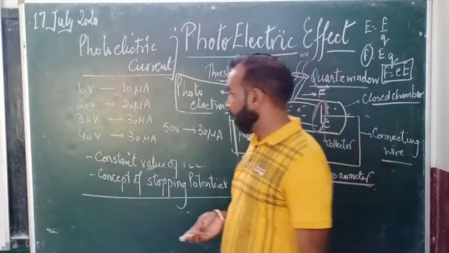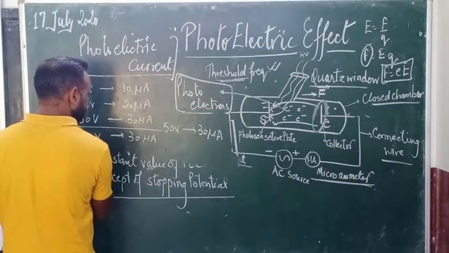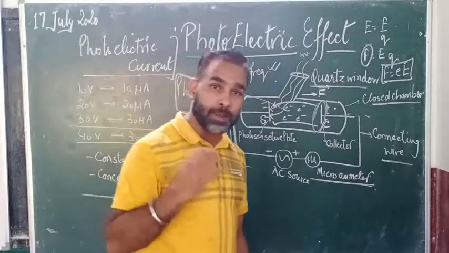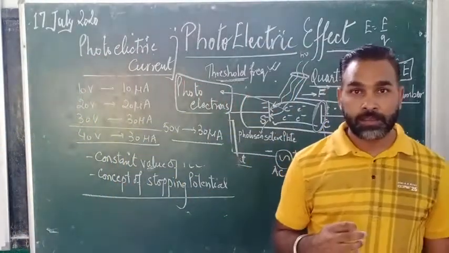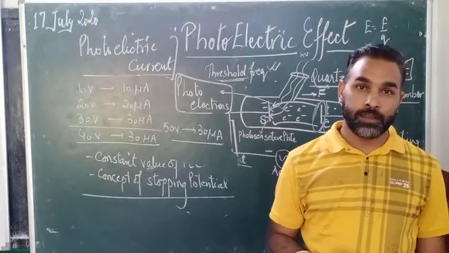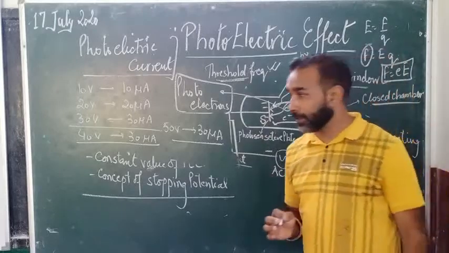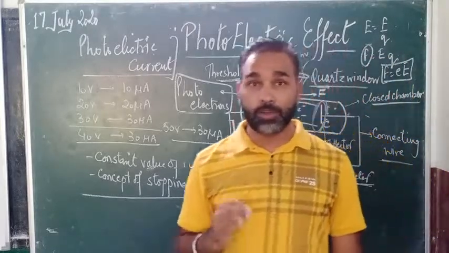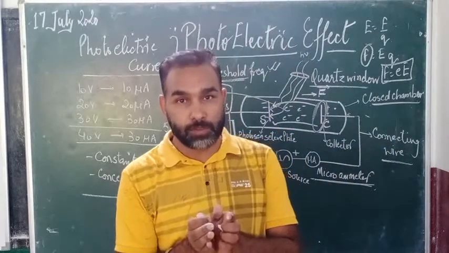But a time will come when the total number of free electrons have been emitted out from the metal surface, and the photoelectric current becomes constant. Right? It is not possible that the photoelectric current keeps on increasing. It is not possible because there is a limitation with the metal surface also.